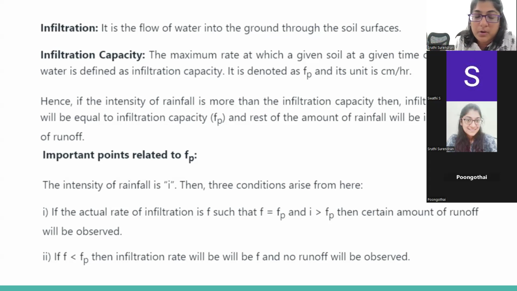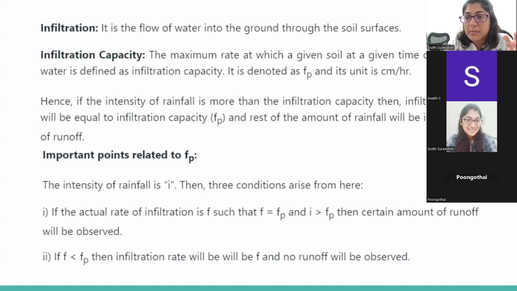Now, what is important to be noted with respect to the infiltration capacity is, like I said, if the intensity of rainfall is greater than the infiltration capacity, then the rate of infiltration will be equal to the infiltration capacity. It is not going to be equal to the rainfall intensity, the rate at which rainfall is occurring.